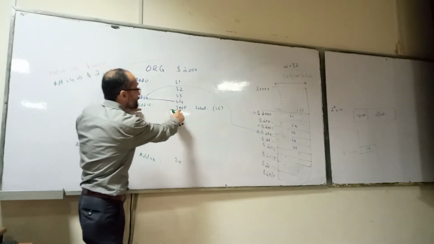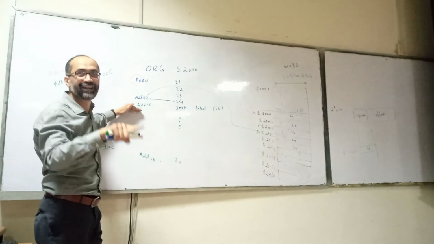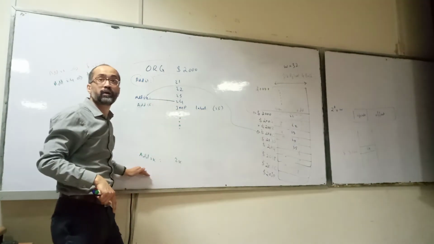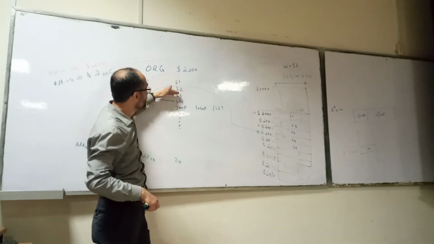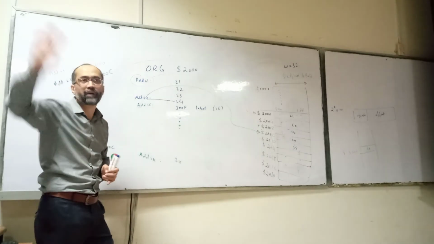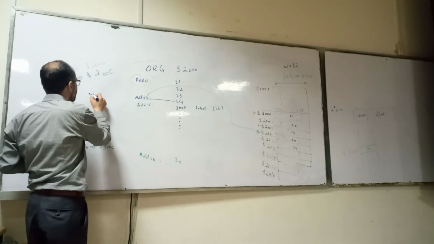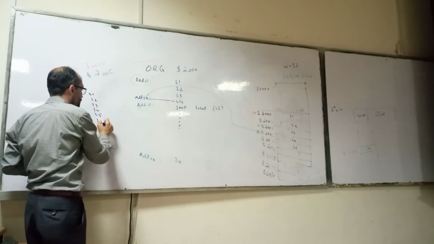When it encounters a jump instruction, which is an unconditional branch instruction, the control is directly transferred from here to here. And let's assume that all of these I1, I2, I3, and I4 are sequential instructions, not branch instructions. So what will be the flow of the program? First I1 will be executed, then I2, then I3, then I4, then I5, then IK.